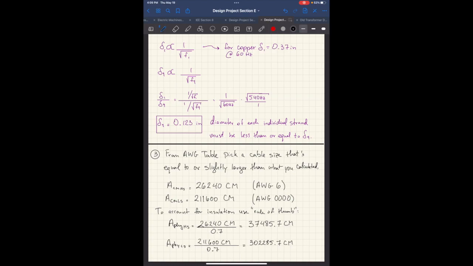This one is the circular mill for the low side, but with no added insulation. Why don't we add the insulation? Because to find the resistance of the copper, the copper is the one that's going to have current running through it. We need to know the resistance of the copper, therefore we need the length of the copper. So we don't need insulation there. We just want the circular mill area of the copper only.